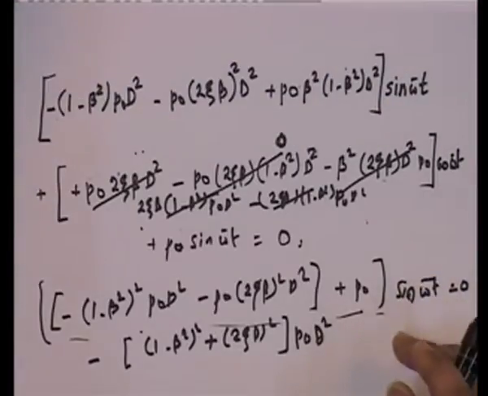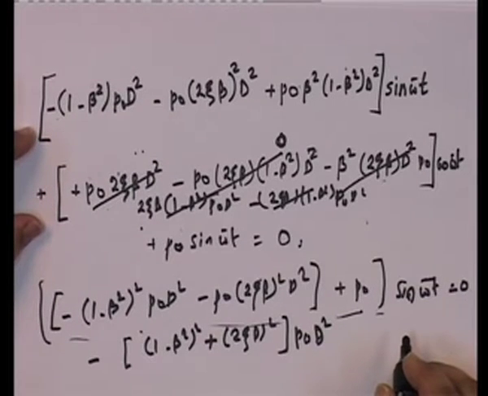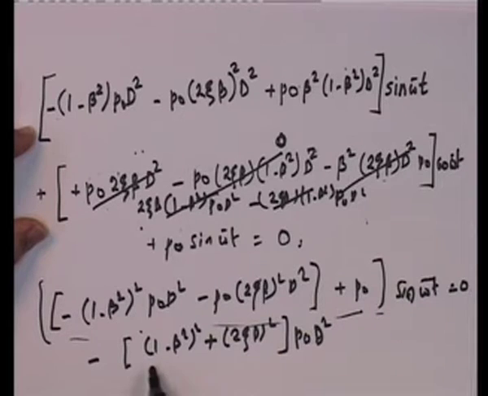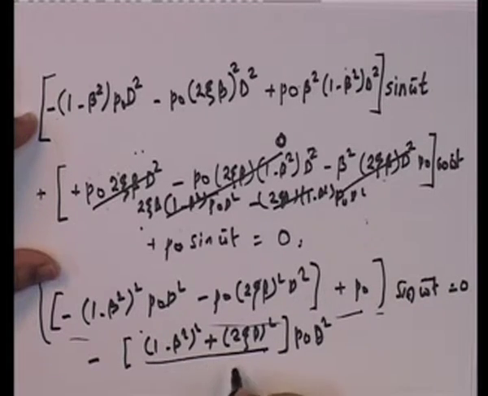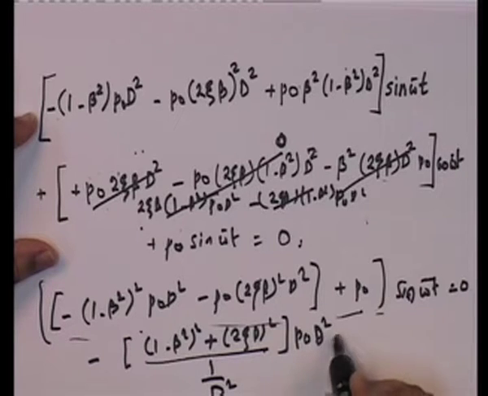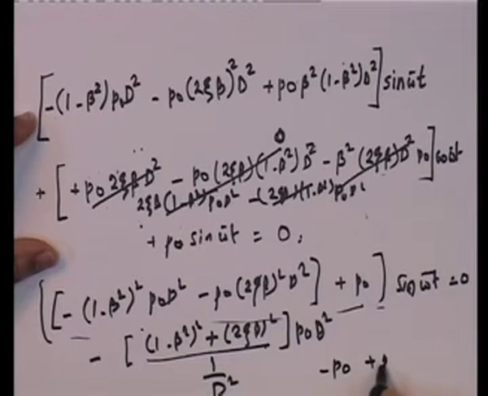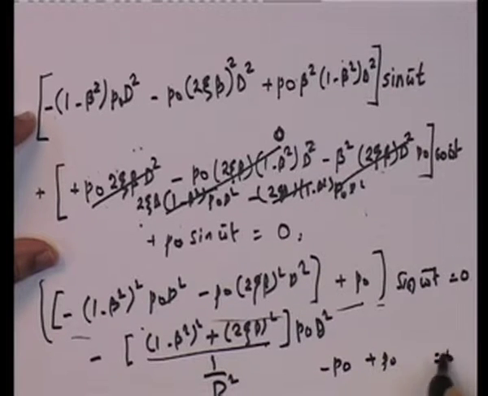D, if you remember, is nothing but that square root. So this particular term is nothing but 1 upon d squared. If I take minus 1 upon d squared into P naught d squared, I get minus P naught, and this other one is plus P naught. So indeed this is 0.